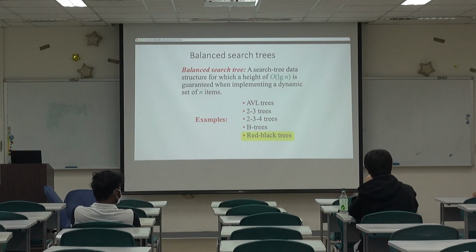So B tree is the technique that is used in databases all the time. Okay, so it is fundamental in database design.